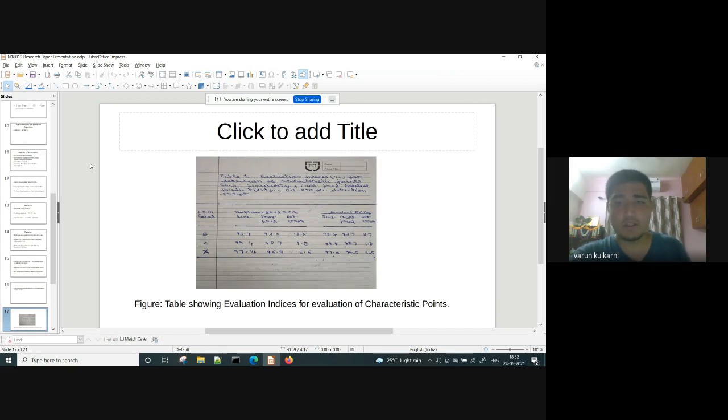Now coming to this, this is a table which shows evaluation indices, in percentages, for detection of characteristic points, where SENS means sensitivity, cross spread means positive predictivity, and det error means detection error.